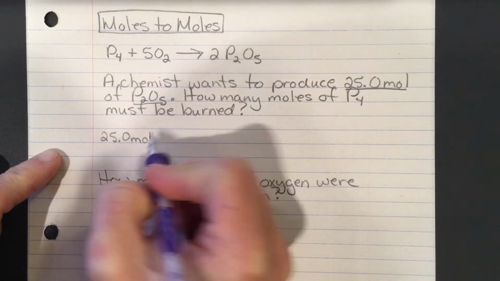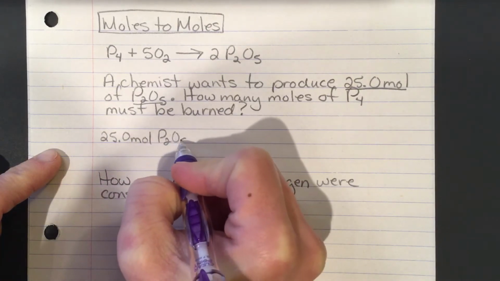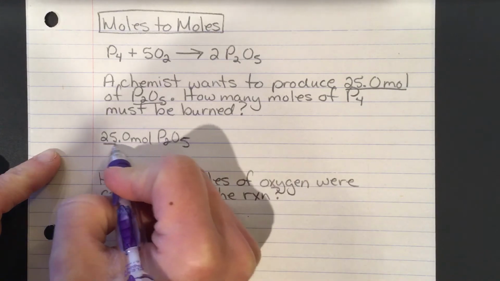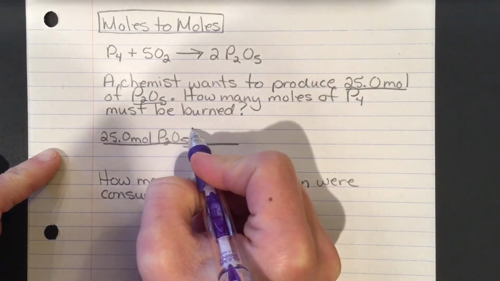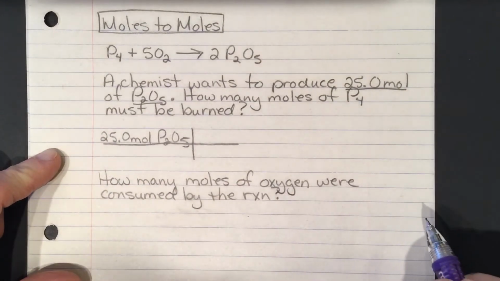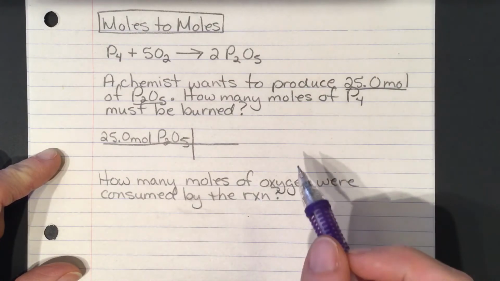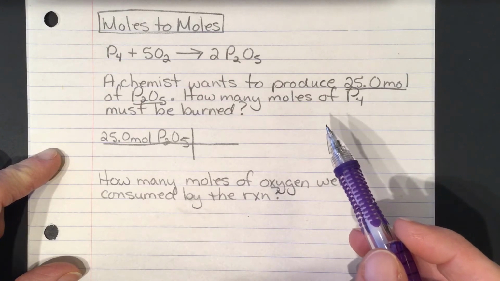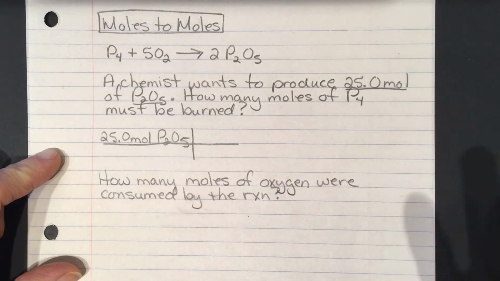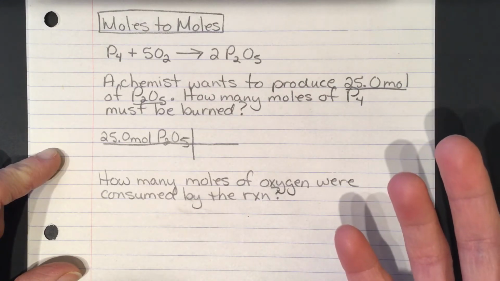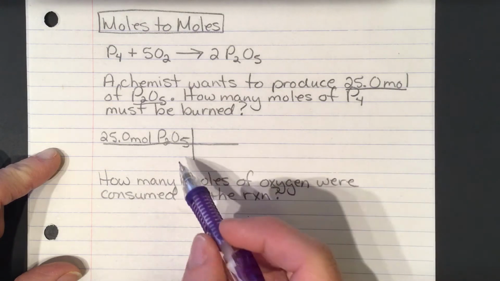25.0 moles of P2O5. And I'm going to be using my bridge notation because we're converting. So I am going to do a mole ratio or a coefficient bridge here.